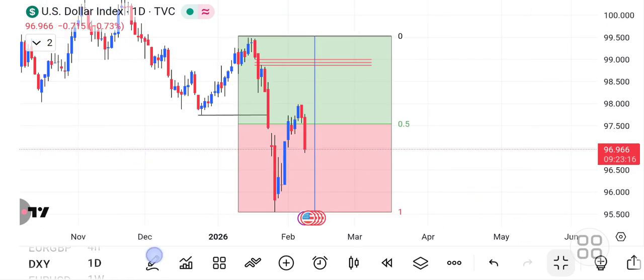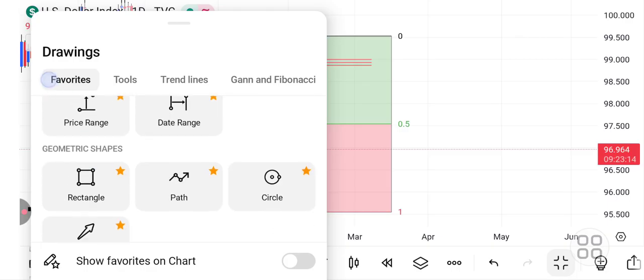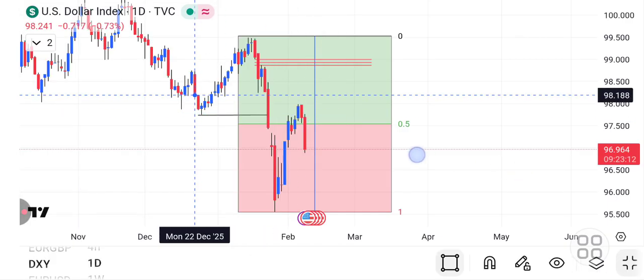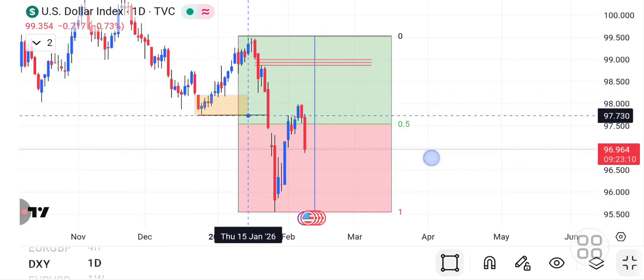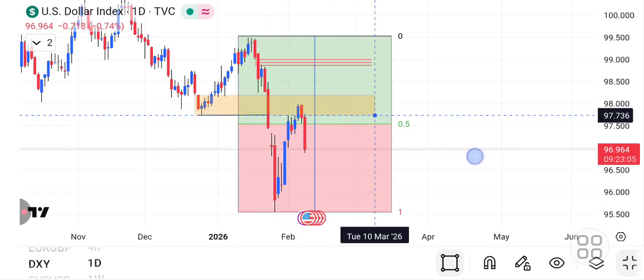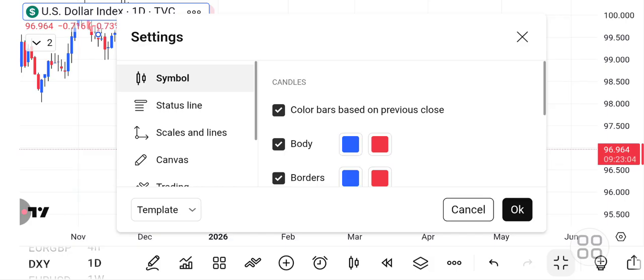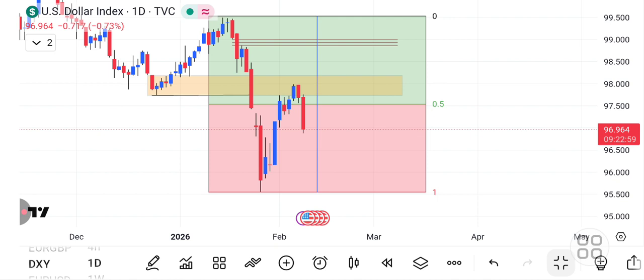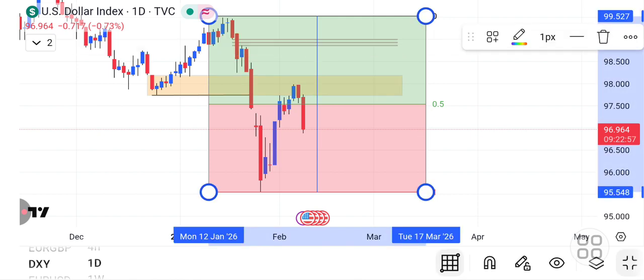So I had that fair value gap, but I also had this unicorn model right here. I had this breaker into this fair value gap right here, which took my interest, and I knew that price might not escape that zone. So those were the two zones I was targeting.